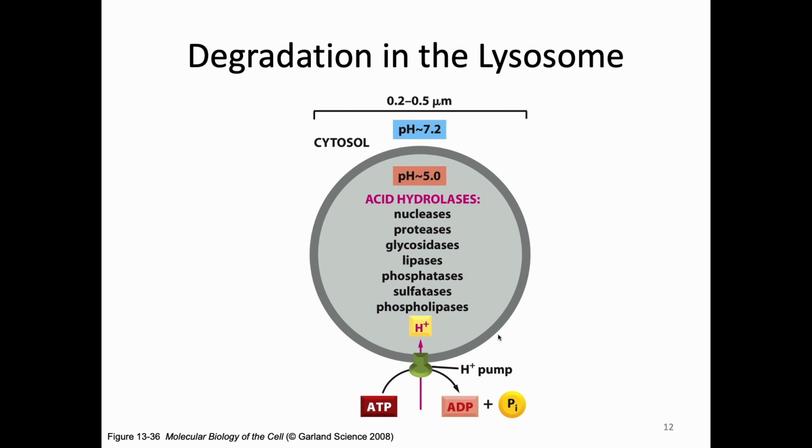And this is sort of a question of delivery of that peptide to the empty MHC. We can also think a little bit about delivery for the class 2 presentation pathway.